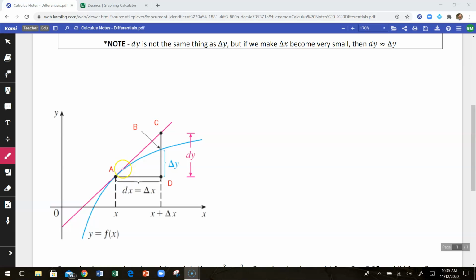So if I think about the y value at an x coordinate on my pink line and my blue graph, those are going to get closer and closer together as that second x value gets closer and closer to that first x value. So if delta x becomes really small, then dy becomes a good representation of delta y.